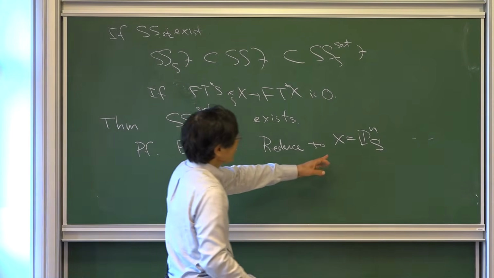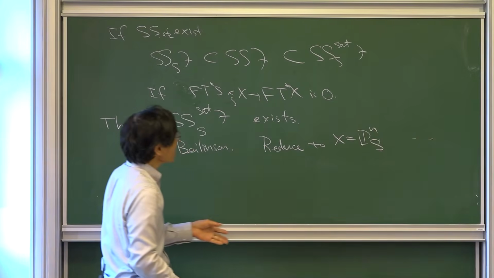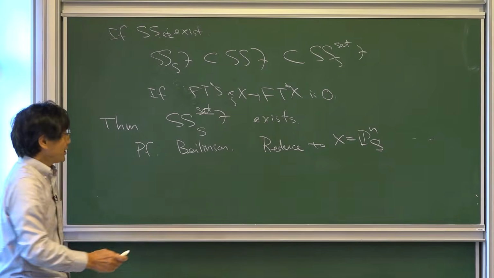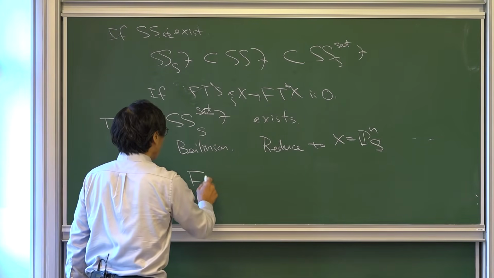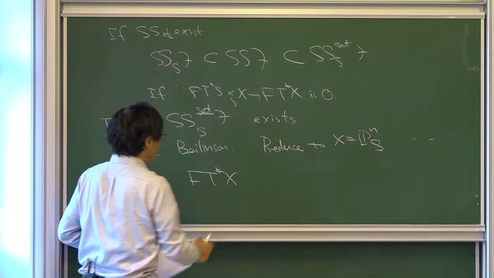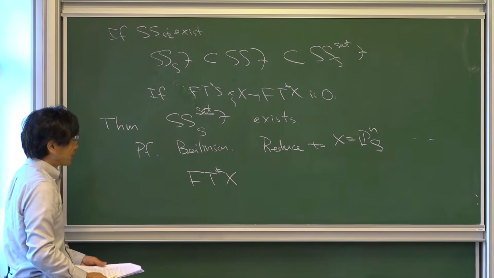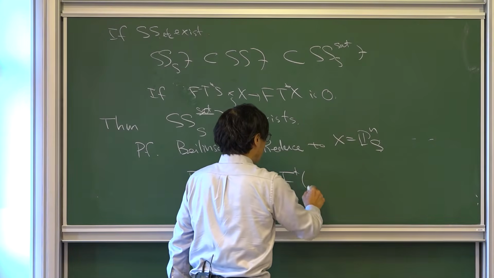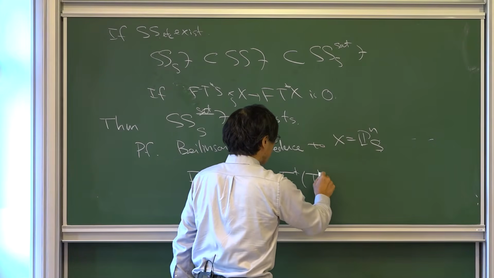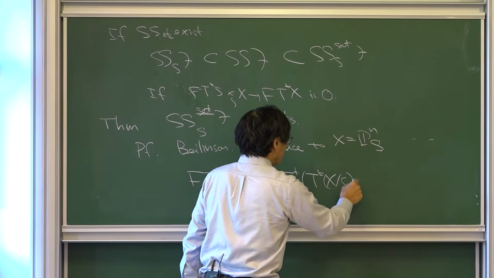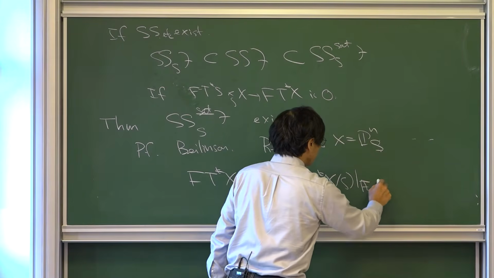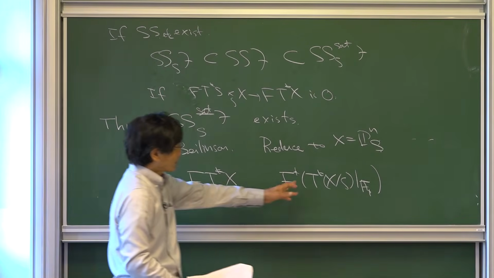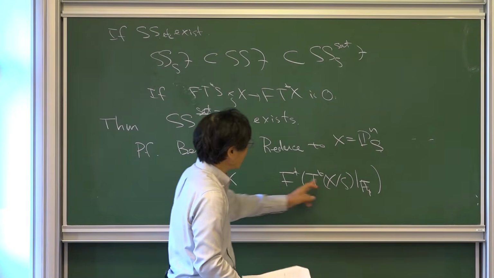And if your X is smooth, and if we consider only the saturated one, then instead of working with the Frobenius-Witt cotangent bundle, we can also work with the Frobenius pullback of the cotangent bundle restricted to the characteristic p fiber.